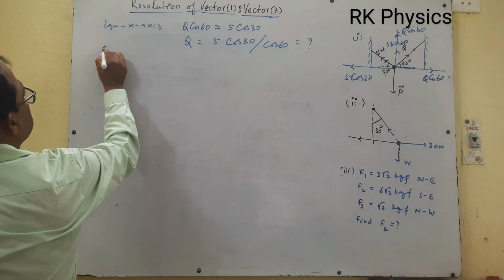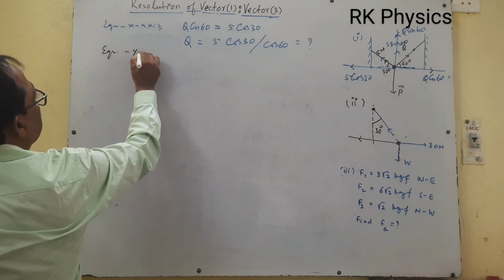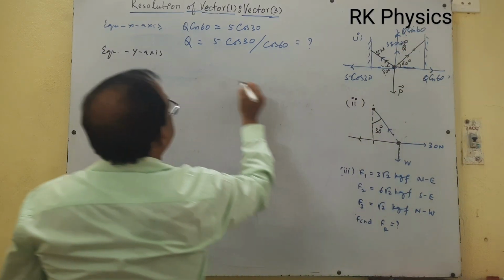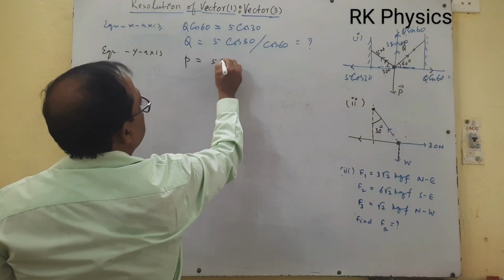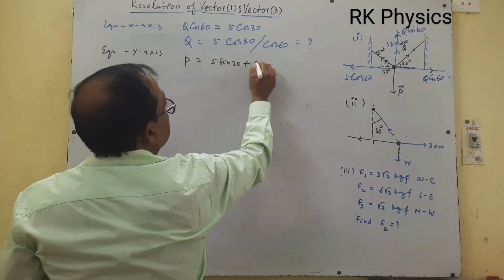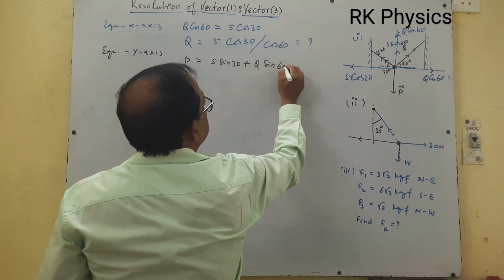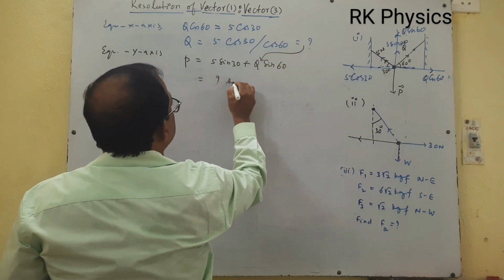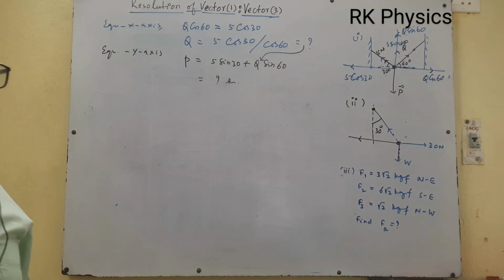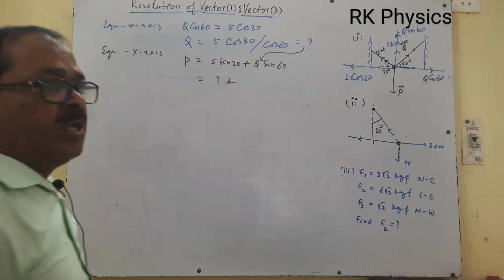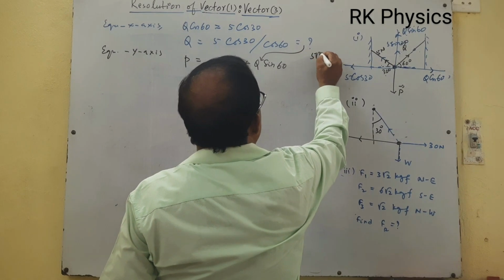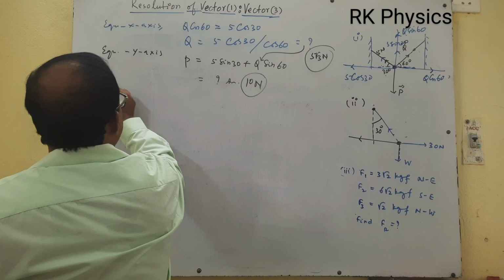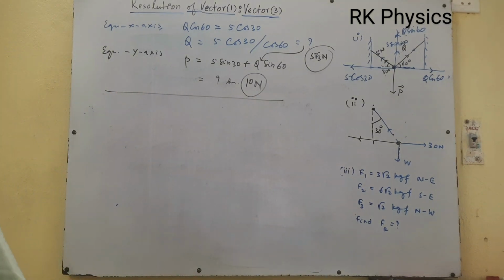Similarly, you use equilibrium along y axis. Along y axis, sum of these two equals P. That means P equals 5 sin 30 plus Q sin 60. Now put the value of Q and find out the answer. Now the answer is Q is 5 root 3 Newton. Check it. This is 10 Newton. Check whether the answer is wrong or right.